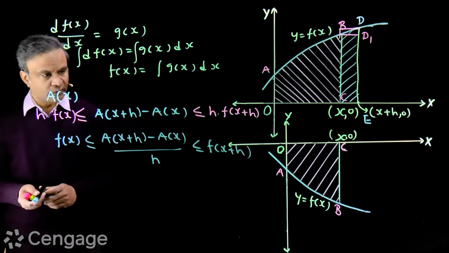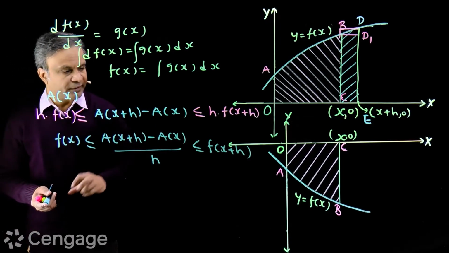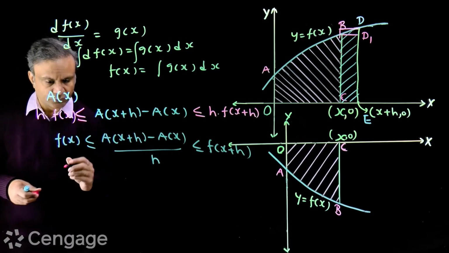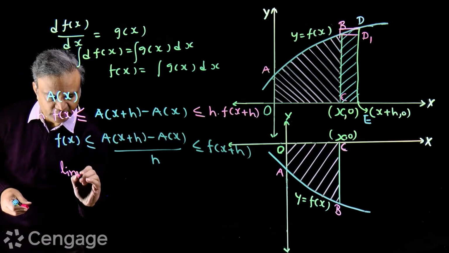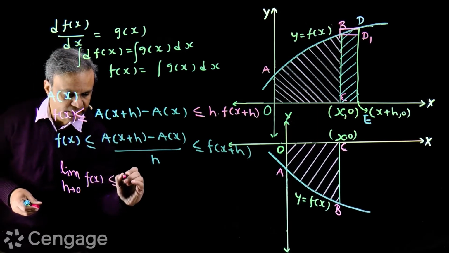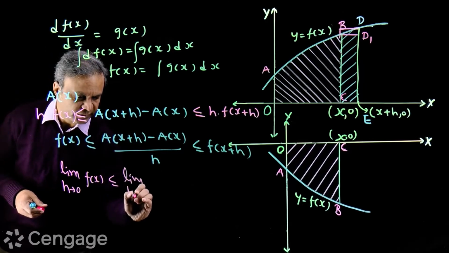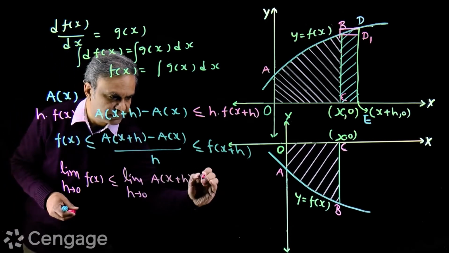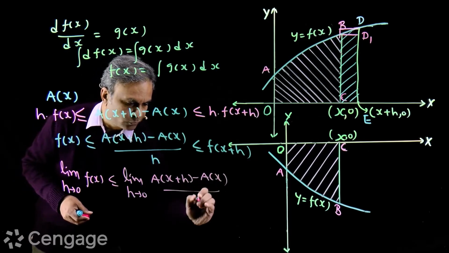Okay. Now what do we do? We apply limit h tends to 0. Okay. So we have limit h tends to 0 of f of x less than or equal to limit h tends to 0 of a of x plus h minus a of x upon h.